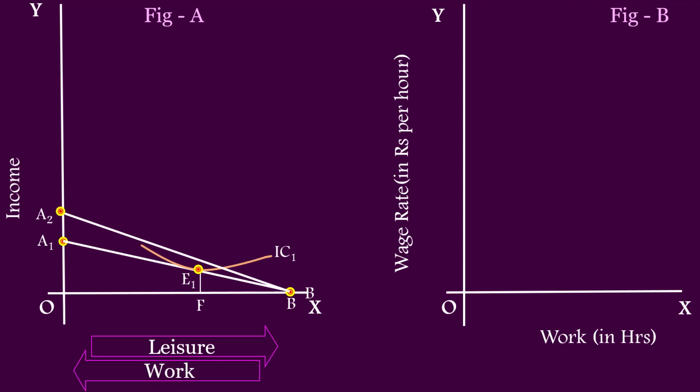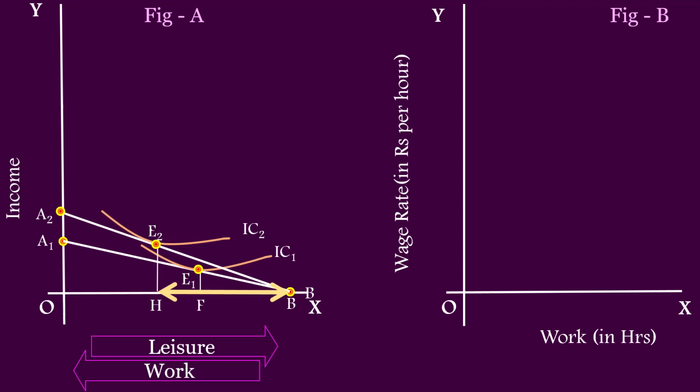On this new wage line, the laborer is in equilibrium at E2, where indifference curve IC2 is tangent to the wage line A2B. The laborer is willing to work for BH hours.